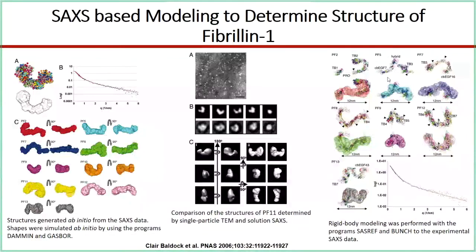And as you can see, the agreement between SASREF and the ab initio and the EM kind of gives a pretty high degree of confidence in interpreting the structures of these pretty complex proteins.